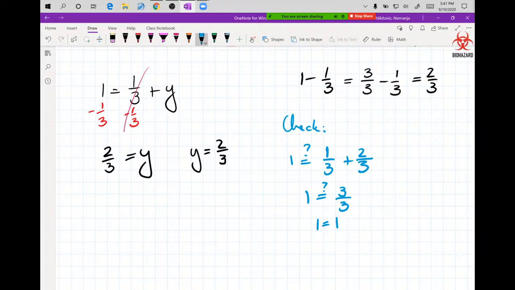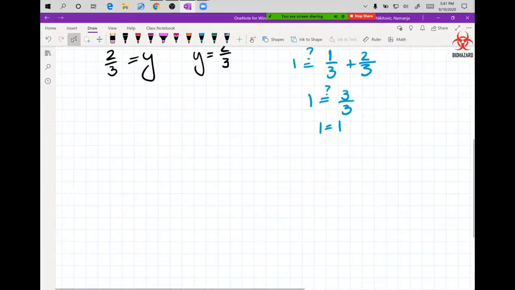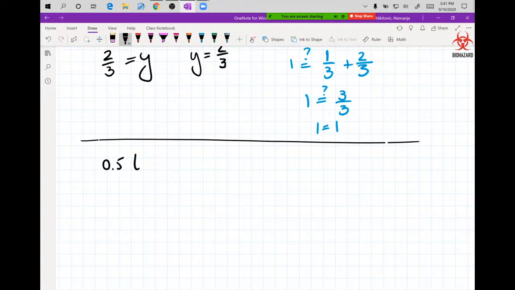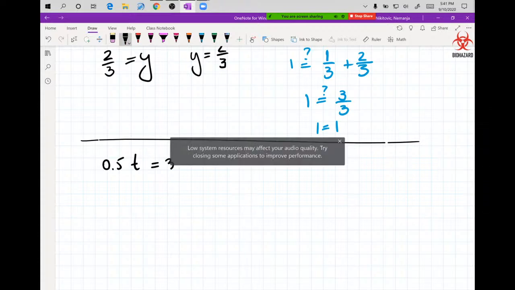Let's see this one. 0.5t equals 3.5. I have to go get the cooling pack for the tablet again because it is already overheating. I have been using it.